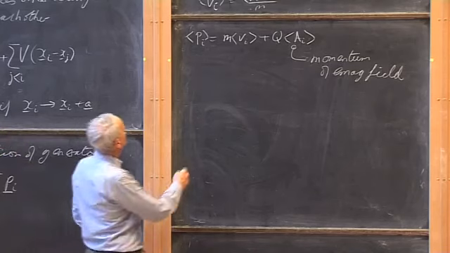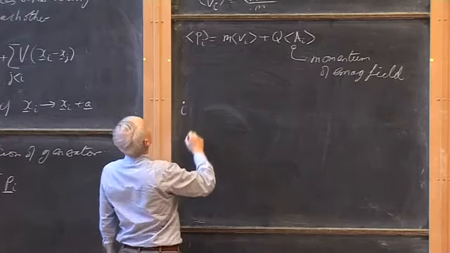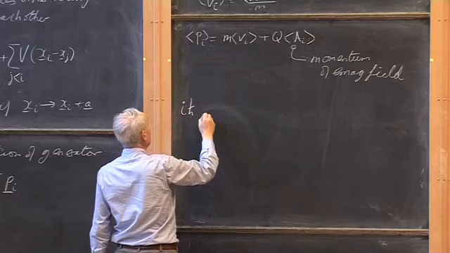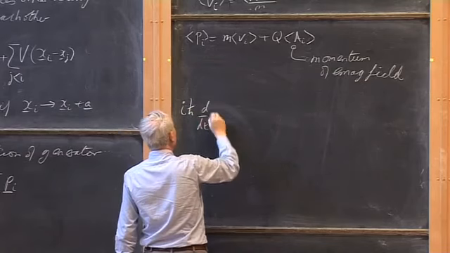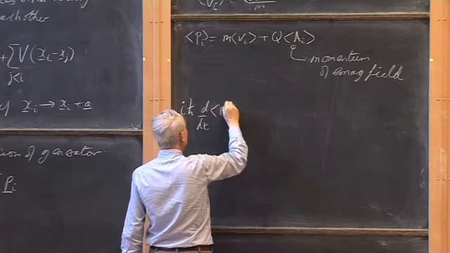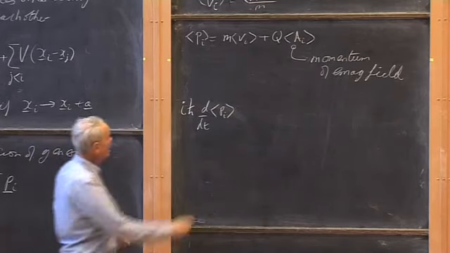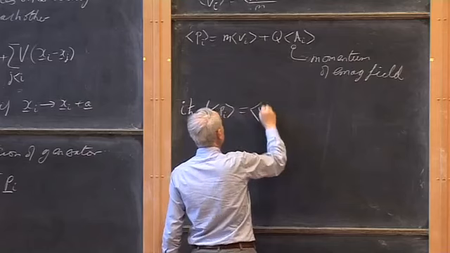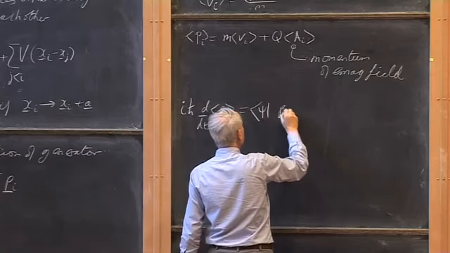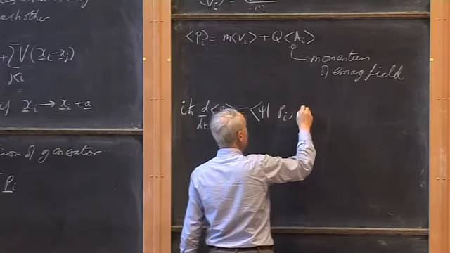Let's have a look at the other equation of motion, which is harder: d by dt of the expectation value of pi. So this is going to be the expectation of the commutator of pi with h, but what's h?